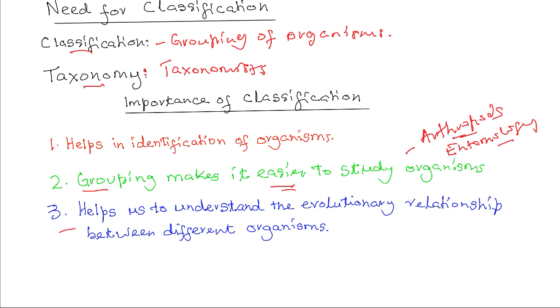So by understanding the evolutionary relationship, we're able to take care of different organisms, because by studying the buffaloes, you're able to deal with problems and diseases that face the cattle which we keep as domestic animals, because the two are closely related and they are likely to be faced with similar environmental problems.